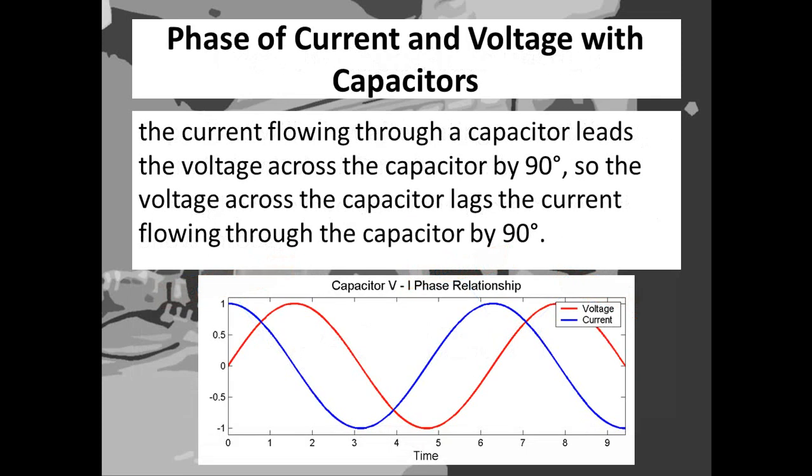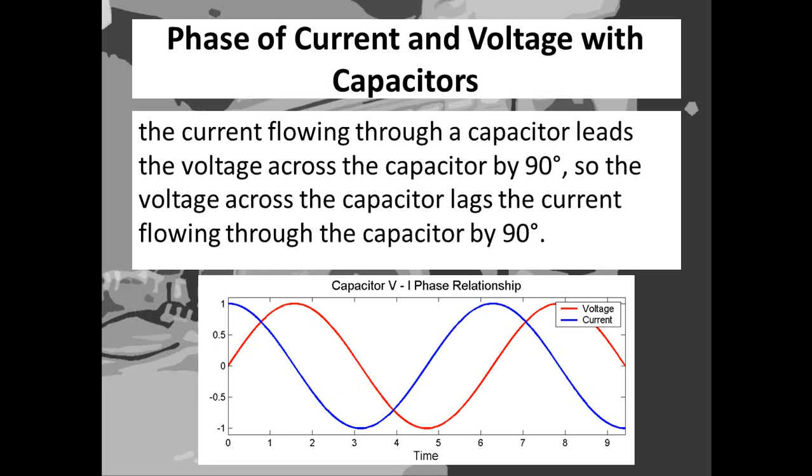Something that's important to note is the relationship between the phase and current of capacitors, and there's a mnemonic called CIVIL, C-I-V-I-L, which will help you remember which way round this relationship goes. In capacitors, the current always leads the voltage by 90 degrees.